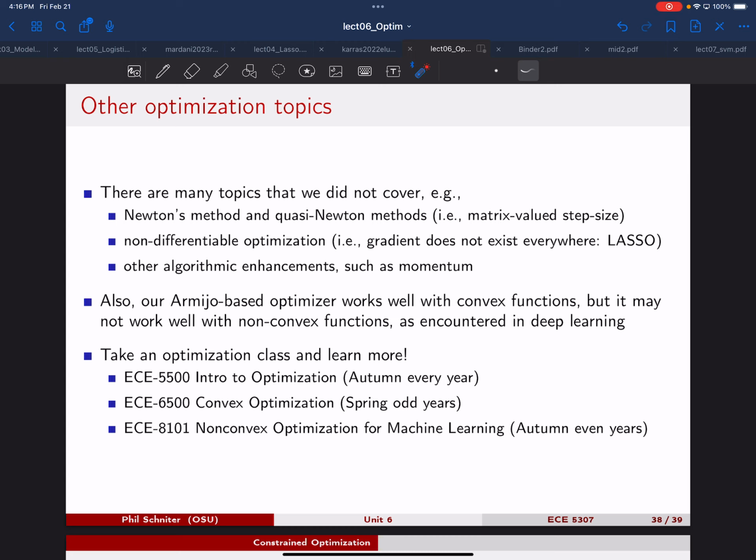And we have a more advanced course on non-convex optimization for machine learning, taught every 2 years in the autumn. And I think there's a number change in progress. I can't remember if there's a new number or not yet, but this is what it was called last time.